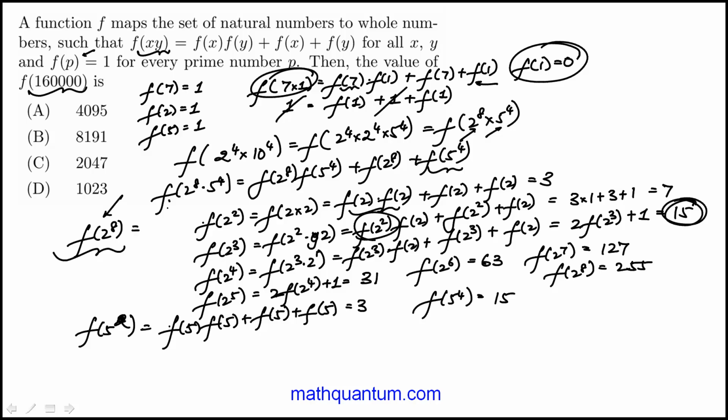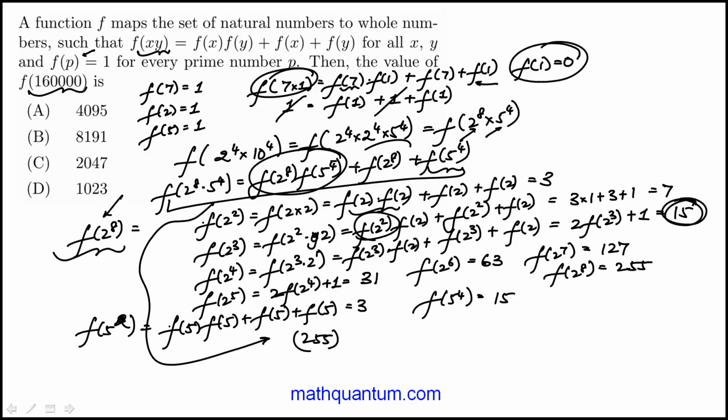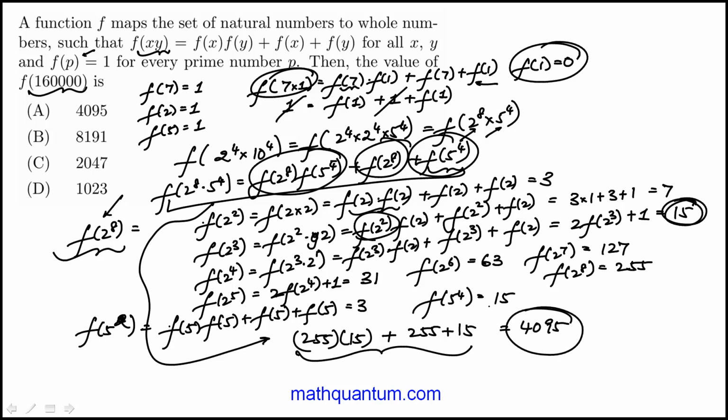So now we can go back and substitute that here to figure out f of 160,000, with f of 2 to the 8 being 255. So I'm plugging it in here, times 15 plus 255, and then plus 15. And if you do this calculation using the calculator, you'll find this turns out to be 4,095, which is answer choice A.